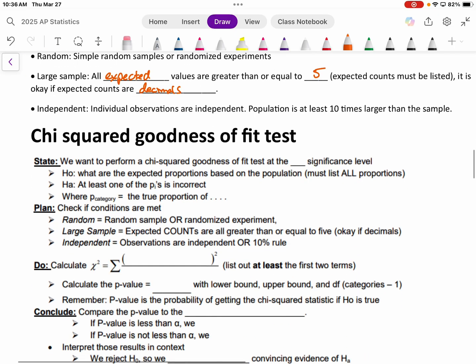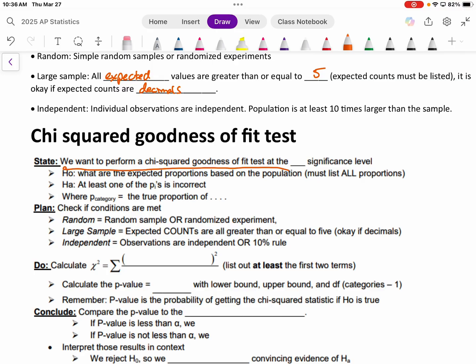As we go to write our chi-squared test, we're in the state phase. We want to explain what we're going to do. We want to perform a chi-squared test. In this case, for today, we're doing goodness of fit. If you just say chi-squared test, you lose a point there. You have to specify which test you're using in your statement.